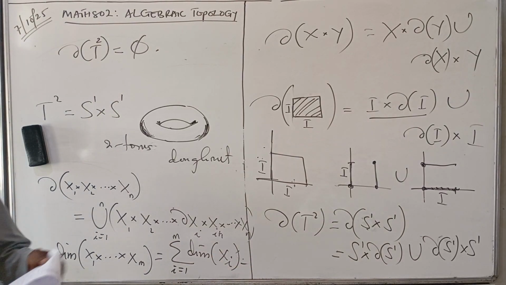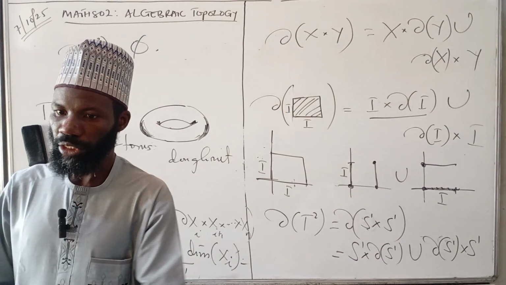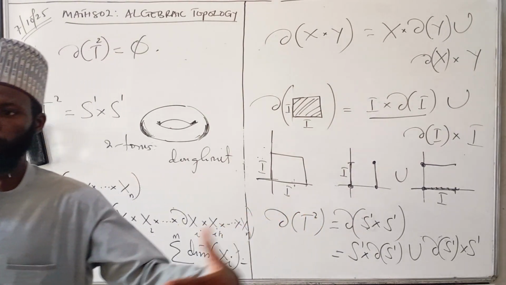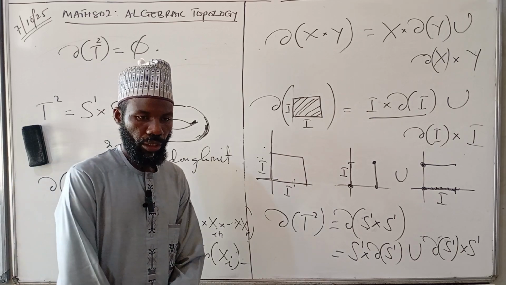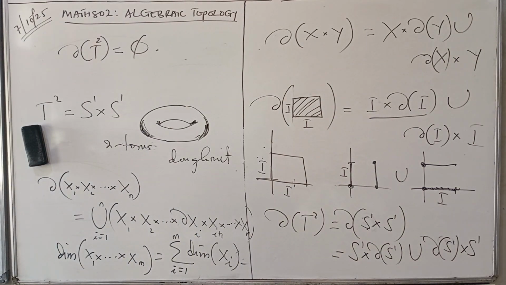So if you take the product of a space of dimension m and a space of dimension n, the resulting space will be of dimension m plus n. Is that okay? All right.